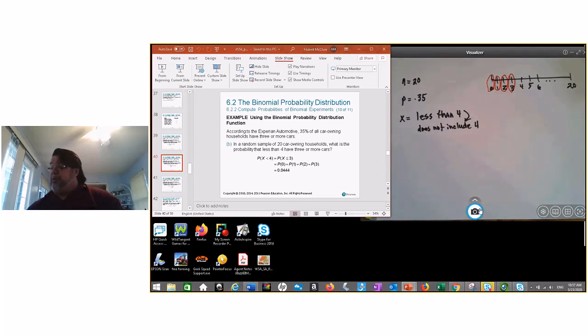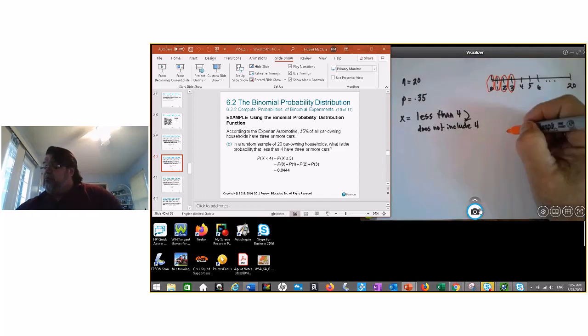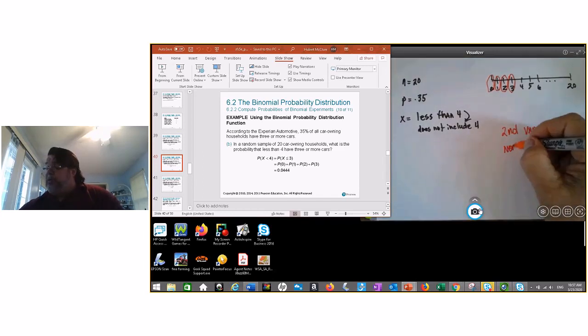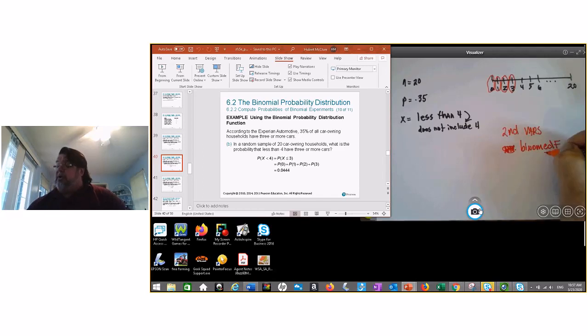So we're going to type in second vars, binomial CDF, because I want a cumulative probability from 0 to 3.